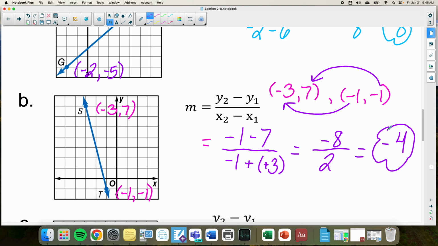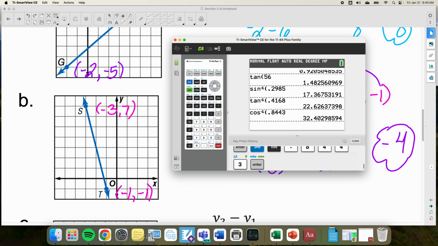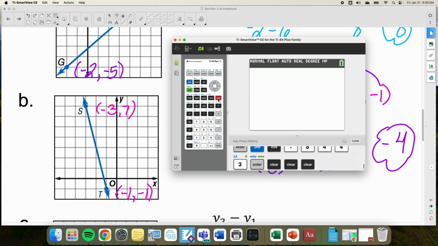Have I ever shown you guys how to reduce a fraction on a calculator before? So if you have a graphing calculator, and let's say you got something like -28/42, on a graphing calculator you can go -28 divided by 42, and then you can go math, enter, enter.